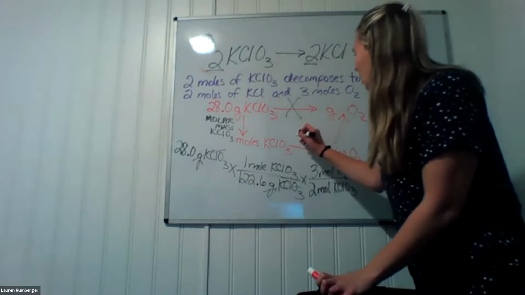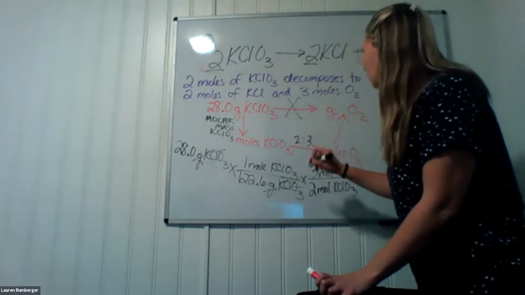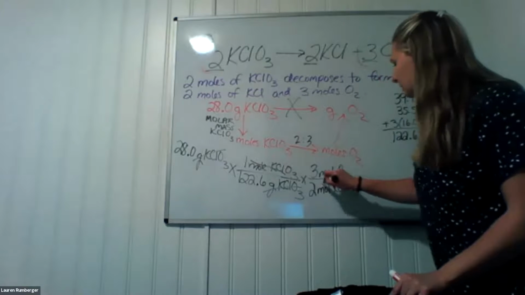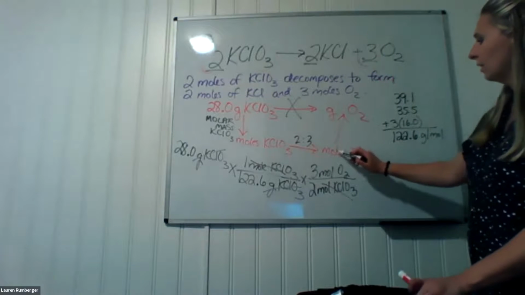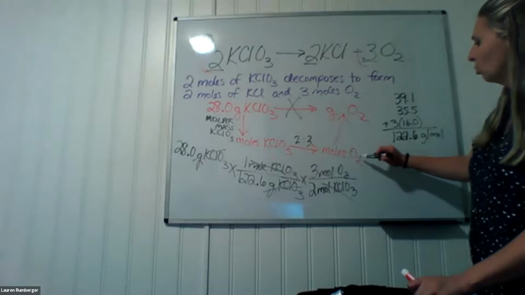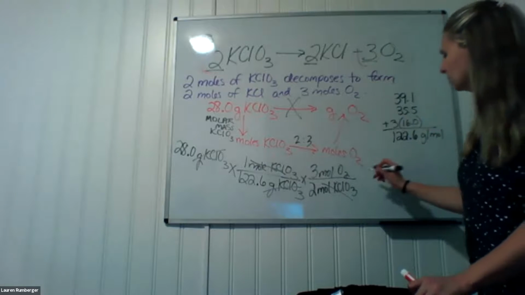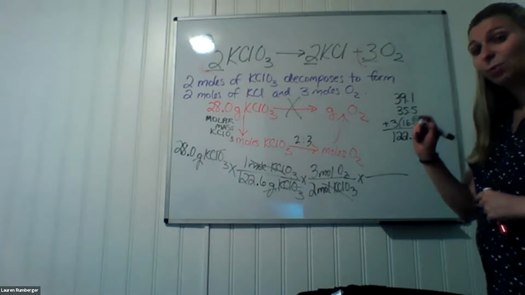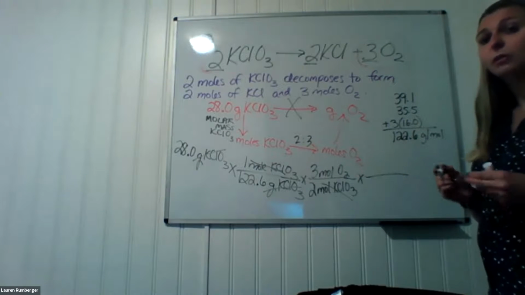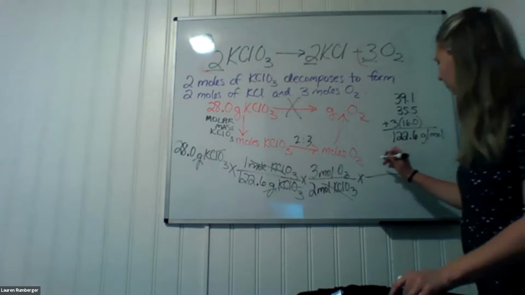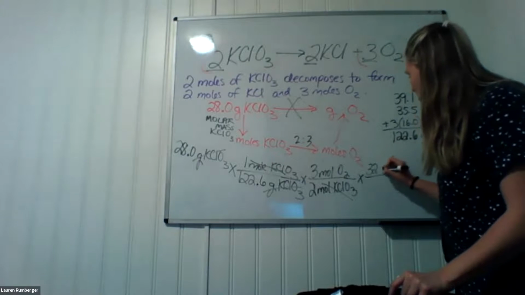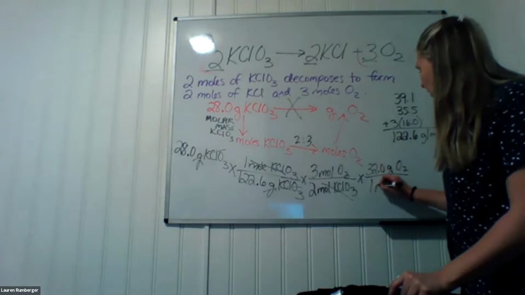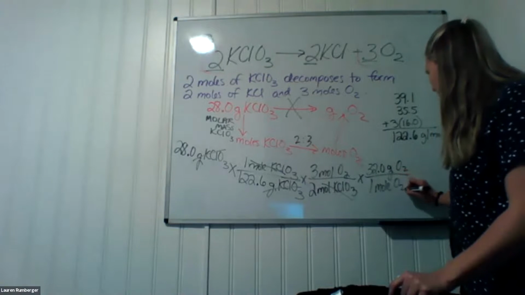So this was our 2 to 3 mole ratio. Now we cancel our units diagonally here. Now we've got moles of oxygen. From moles of oxygen, we're going to convert to grams using the molar mass of oxygen. Oxygen is 16.0. There are 2 of them, so the molar mass is 32. 16 times 2 is 32.0 grams of oxygen per 1 mole of oxygen.